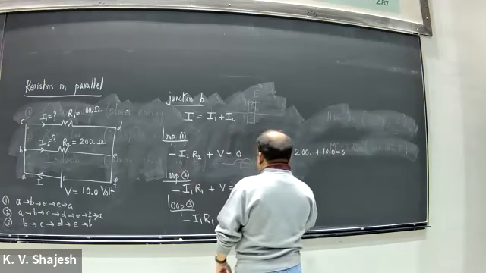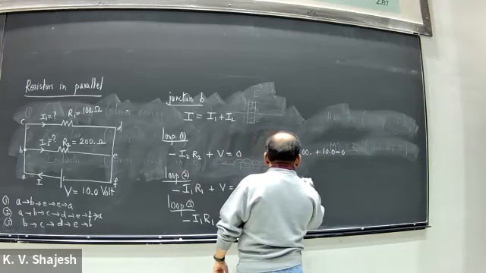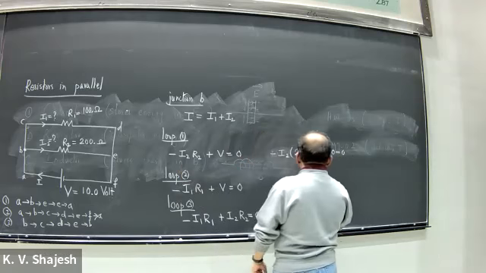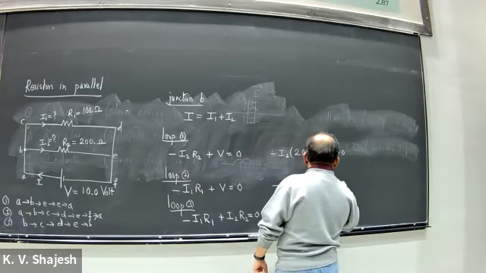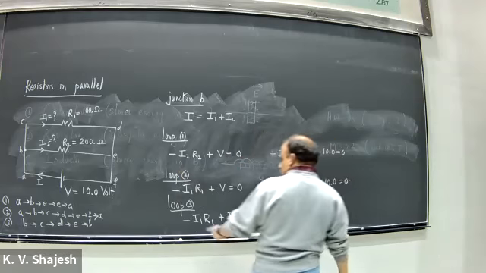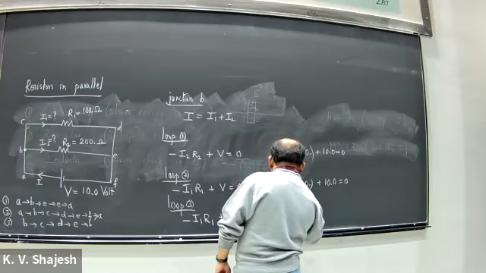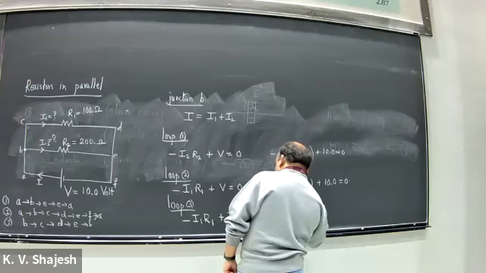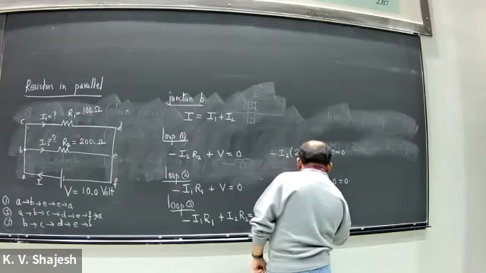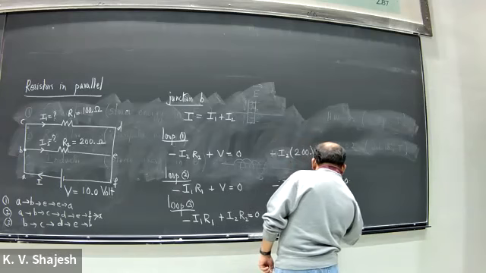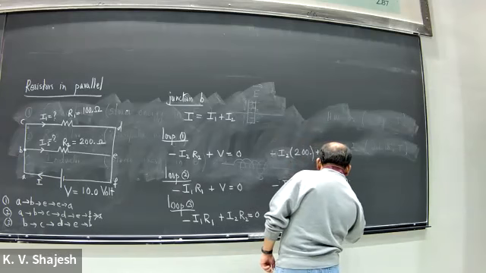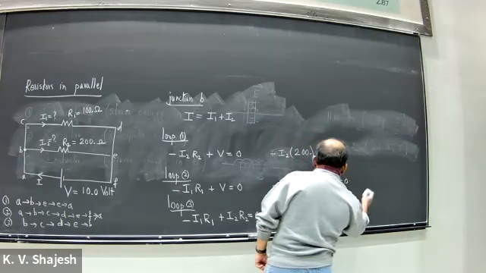And this one is minus I1 times 100 plus 10.0 equal to 0. And here we have minus I1 times 100 plus I2 times 200 is equal to 0.